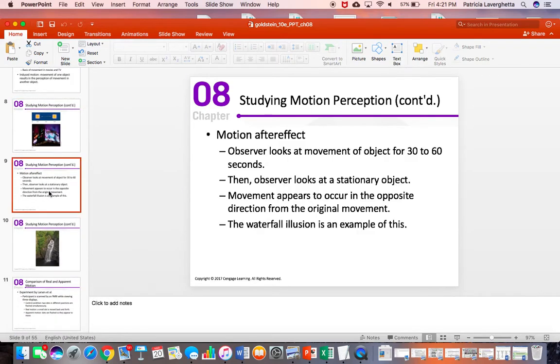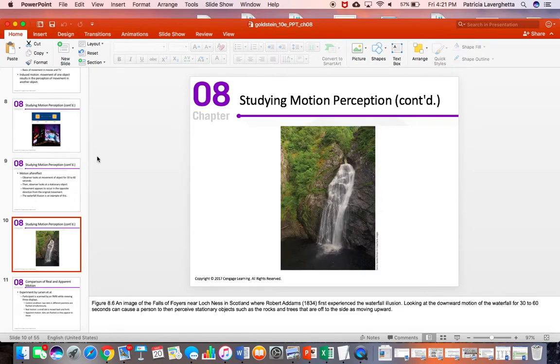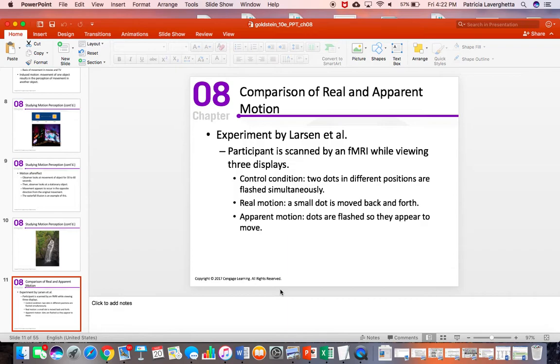There's some other interesting phenomena. This is a motion aftereffect. I could not find one online, but if you stare at a waterfall, for example, and then look to the right or left, you would see the opposite motion. That's a motion aftereffect. That reveals a little bit about the possible cortical mechanisms. It's kind of like an afterimage we get with colors.